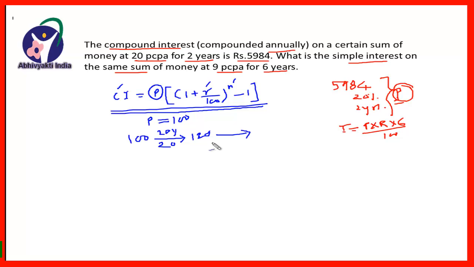Now the next year, since it is compound interest, the 20% interest will be calculated on 120 and not on 100. So 20% of 120 will be 24, 10% will be 12, and another 10% will be 12, so it will be 144.